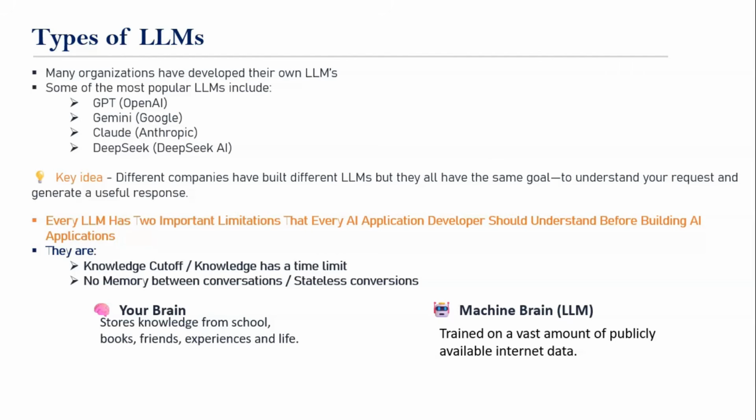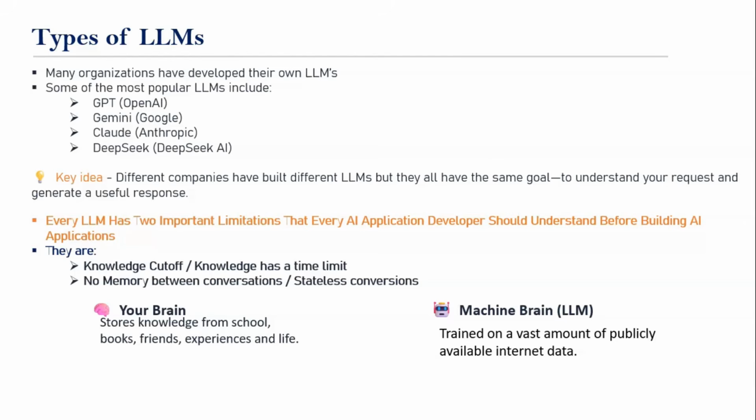Now the second limitation is no memory between conversations. Be clear, an LLM has no memory by default. So every request you send to an LLM is treated as a completely new request.